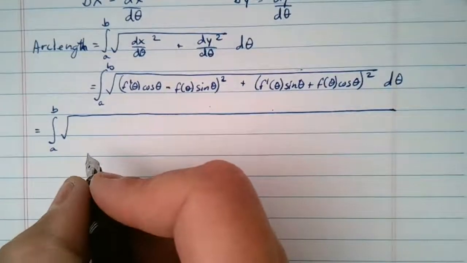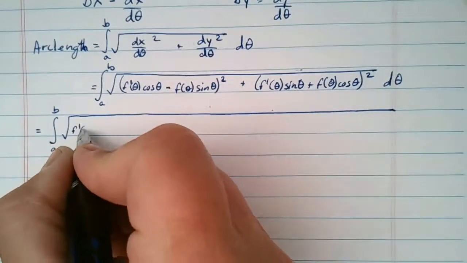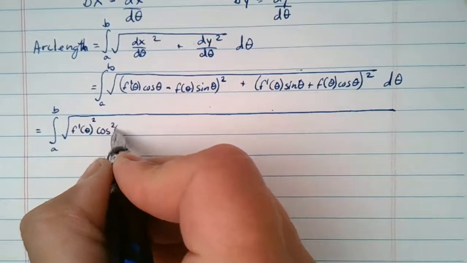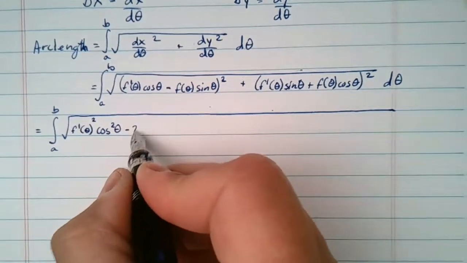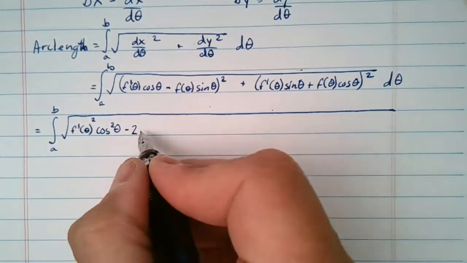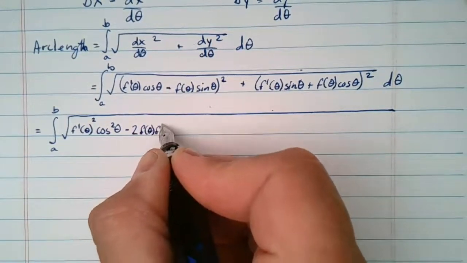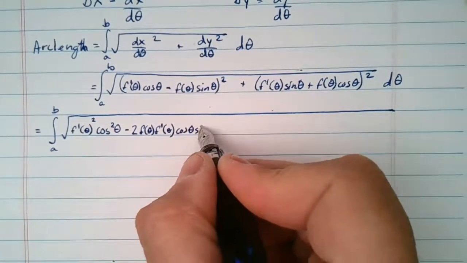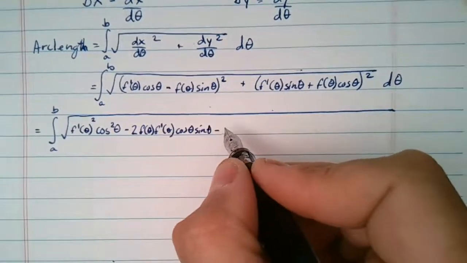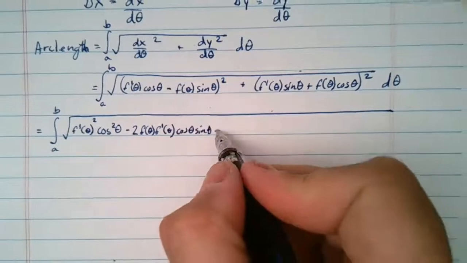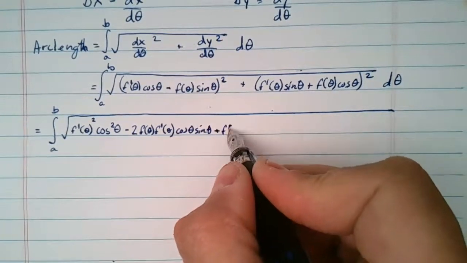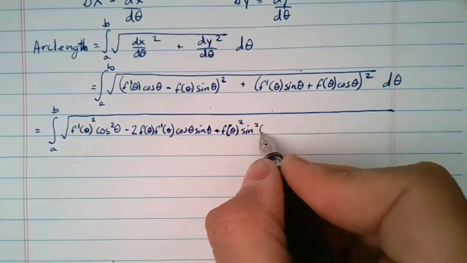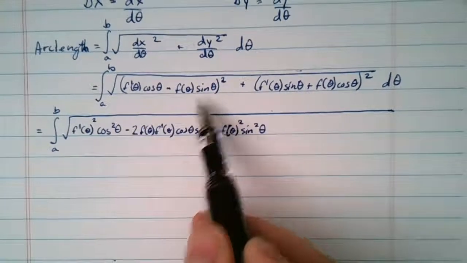It is going to be f prime of theta squared cosine squared theta minus 2 f of theta f prime of theta cosine theta sine theta plus, because when I square that minus I get a plus, f of theta squared sine squared theta. That is this first piece squared.